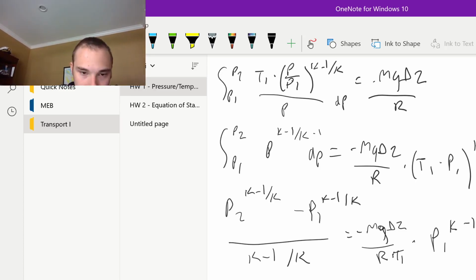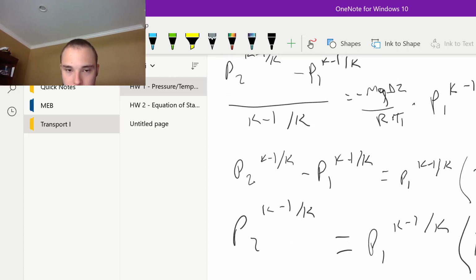So we're going to end up having P2 to the K minus 1 over K equals P1 to the K minus 1 over K, and inside we're going to have 1 minus K over K minus 1 times mg delta z over r times T1.